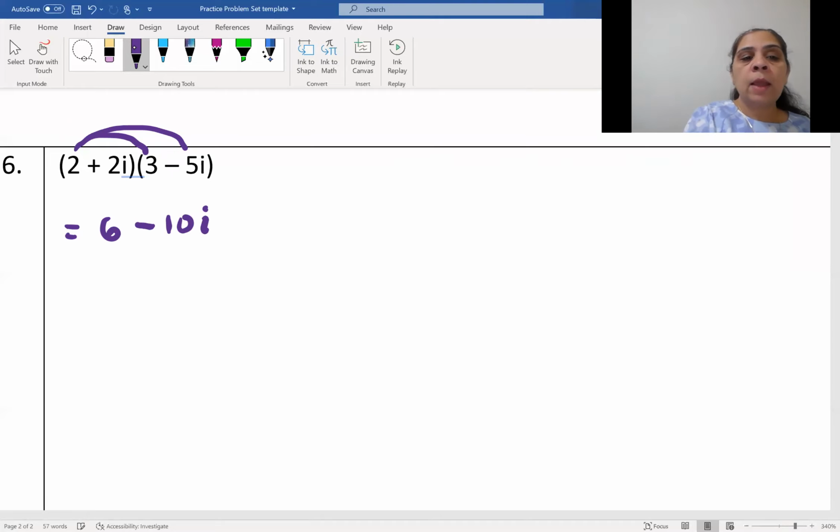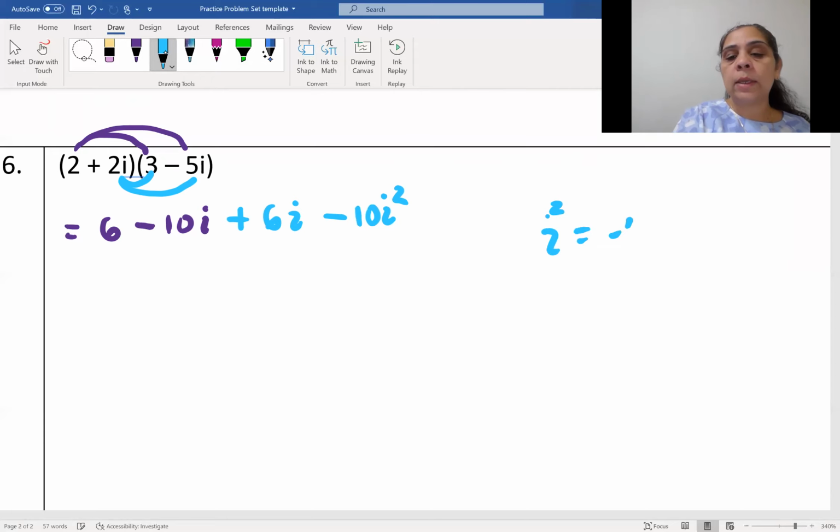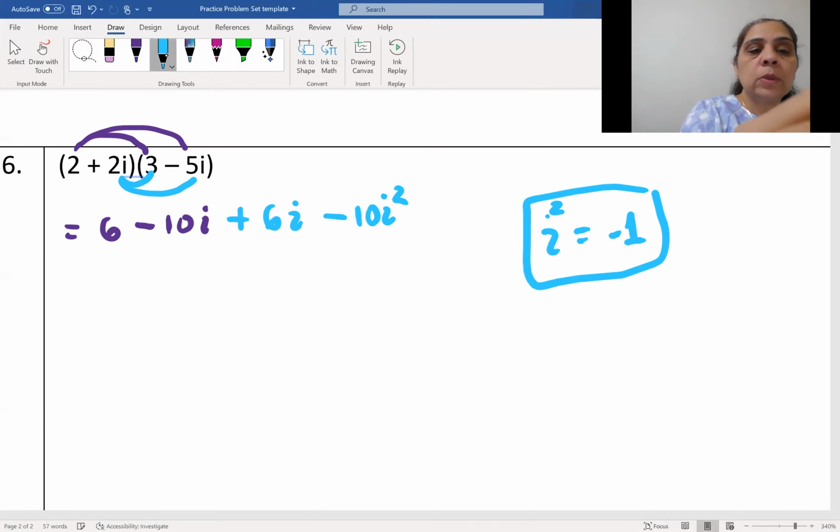Now we will distribute 2i. 2i times 3 is 6i. 2i times negative 5i is negative 10i squared. i times i is i squared, and what we know about i squared is negative 1. We will keep that in mind.